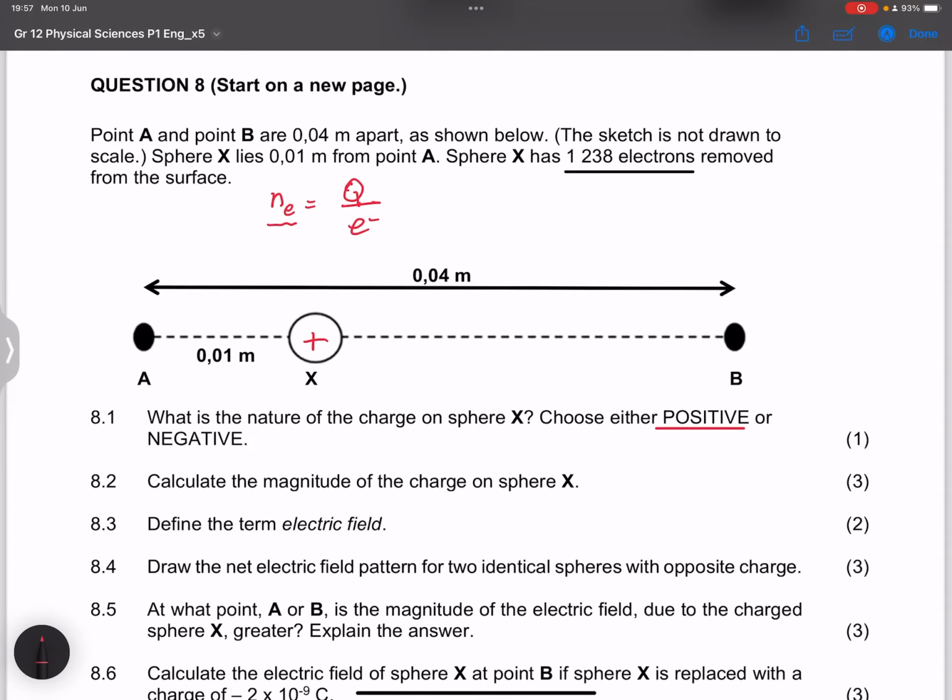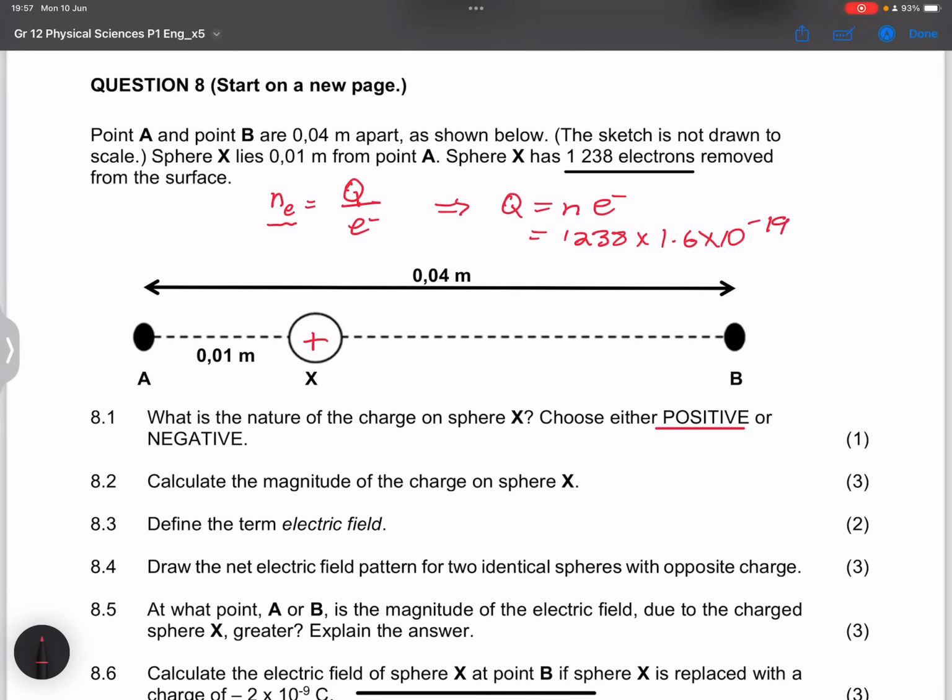We know the charge of an electron, and so that means that Q would be n multiplied by e, and so that would be 1,238 multiplied by 1.6 times 10 to the minus 19.